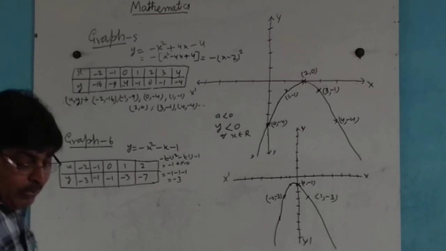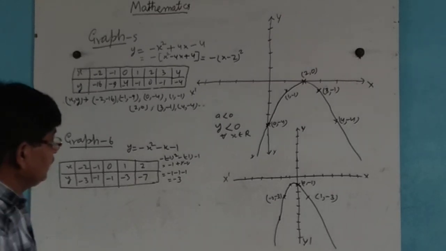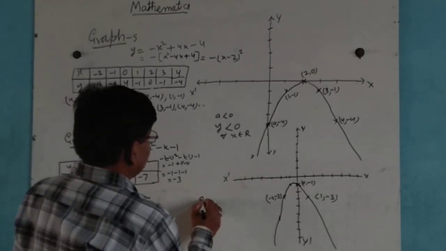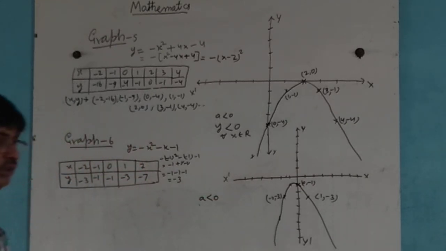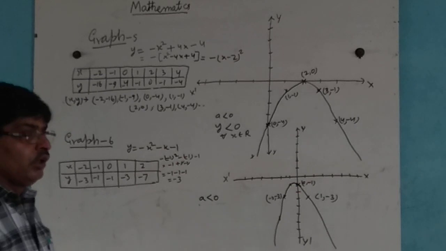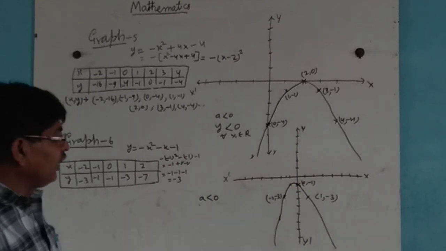Now in this case, a is less than 0. It shows that the mouth of our parabola is in the downward direction.